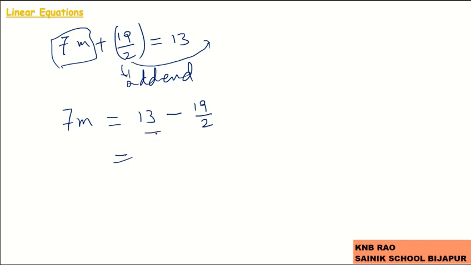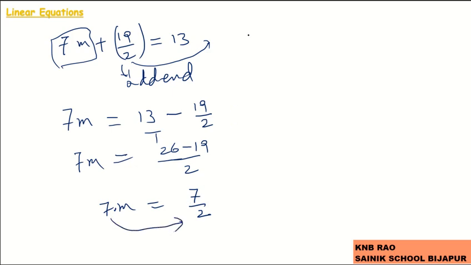Now on simplification, by taking LCM, 2 is LCM, 13 2s are 26 minus 19, which gives 7 by 2, where LHS remains as it is, this 7m. Now 7 is multiplying. If it is transposed this side, now m equals 7 by 2 divided by 7. Here 7 is multiplying, the other side it becomes divisor.